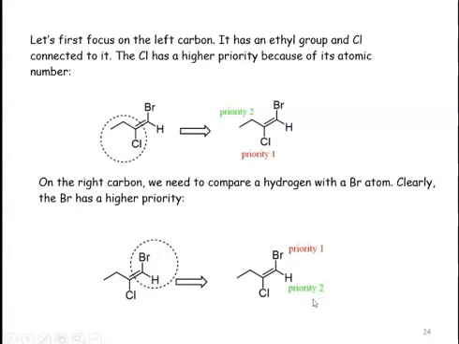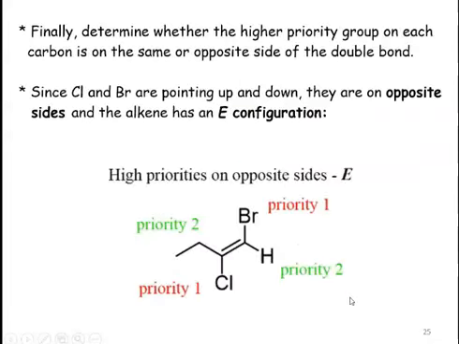Now, if we compare this orientation with this orientation, priority 2 and priority 1 are lying on one side, whereas here priority 1 and 2 are lying on one side. That is, the high priority bearing atoms are lying opposite to each other.